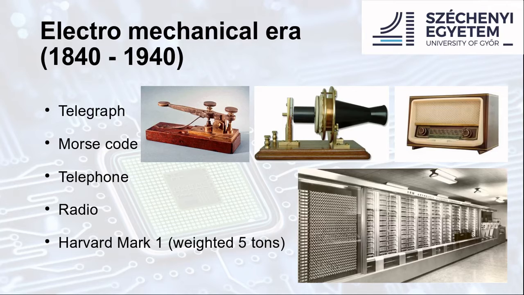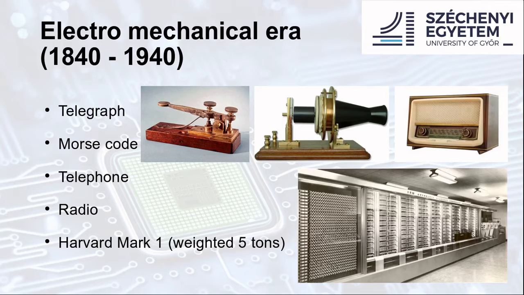The telephone was created by Alexander Graham Bell in 1876. The first radio was developed by Guglielmo Marconi in 1894. All of these were extremely crucial emerging technologies that led to big advances in information technology.